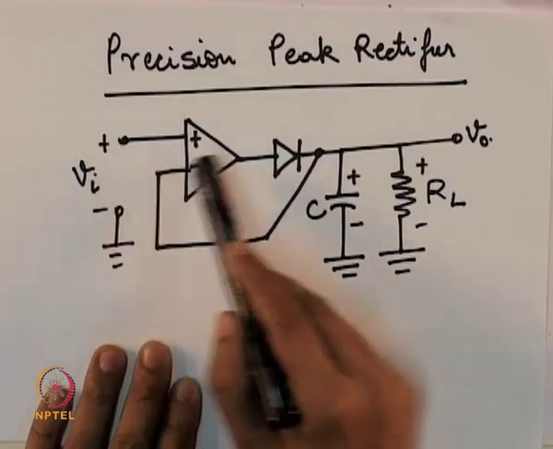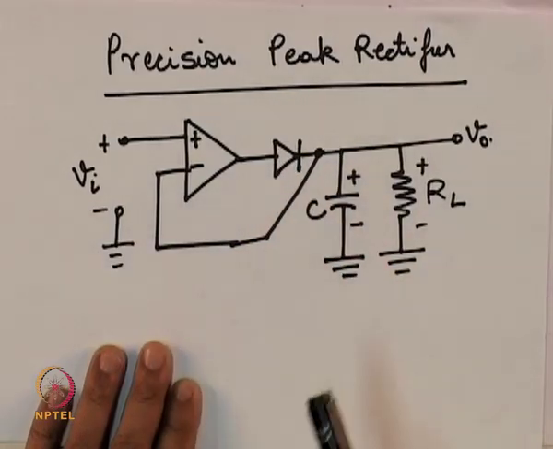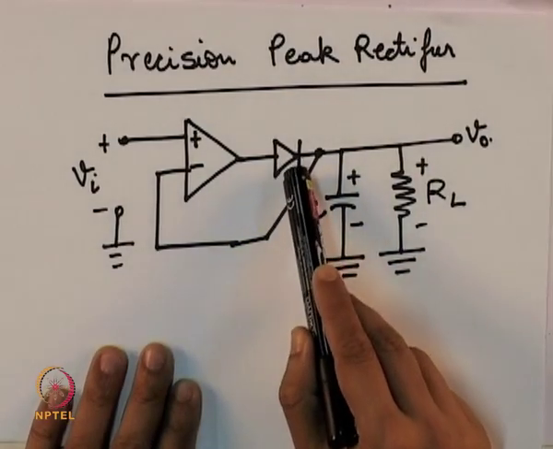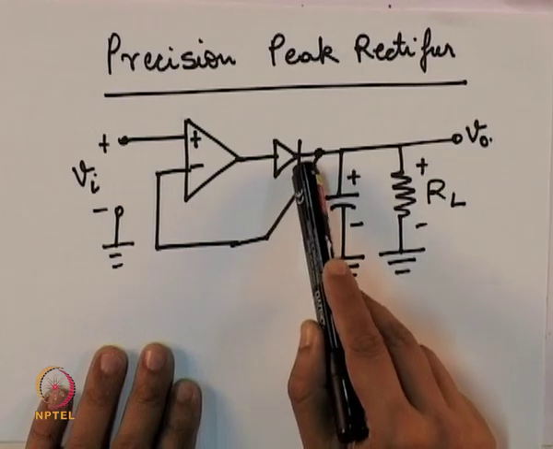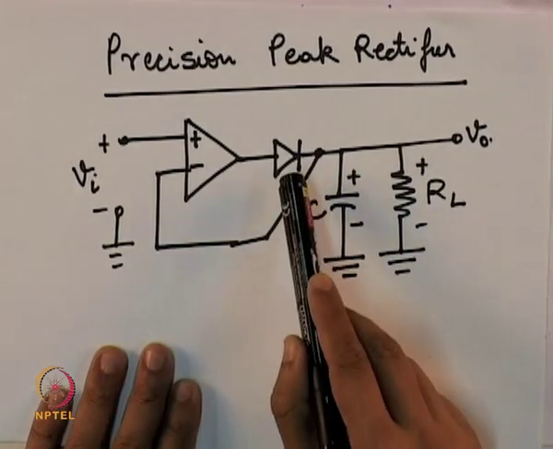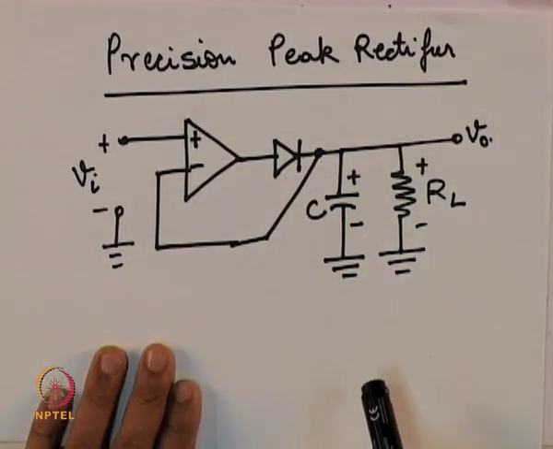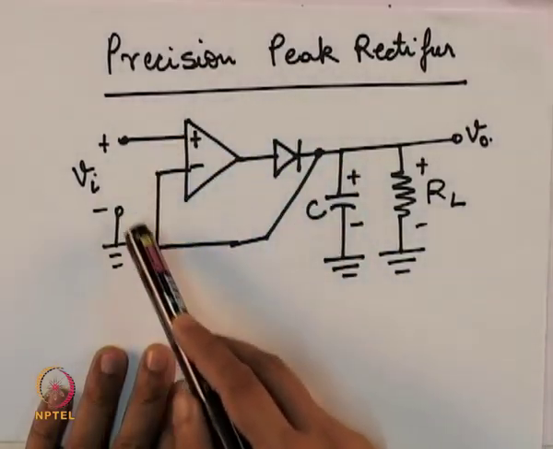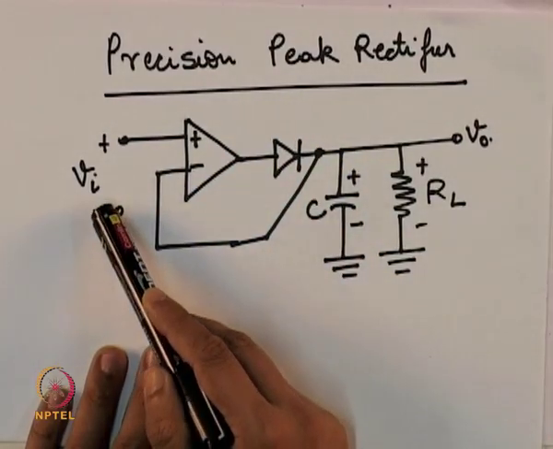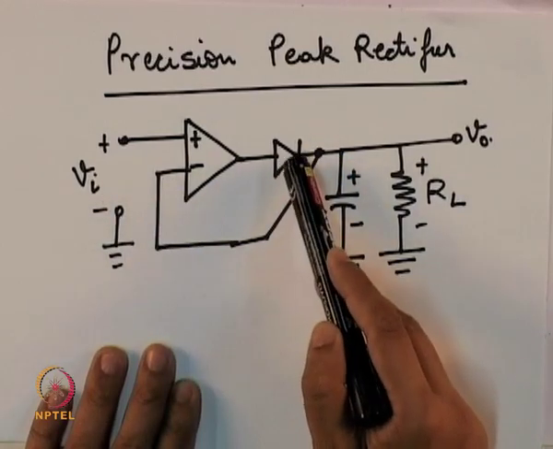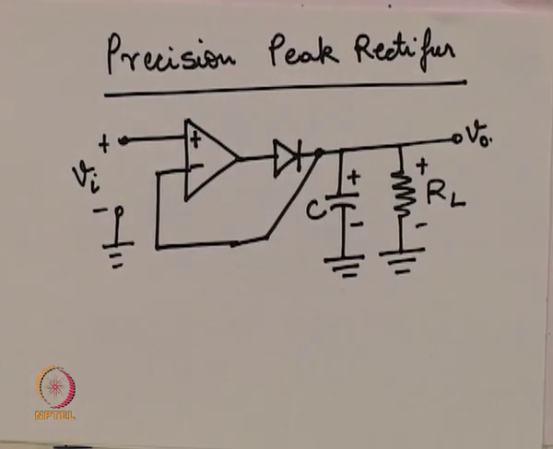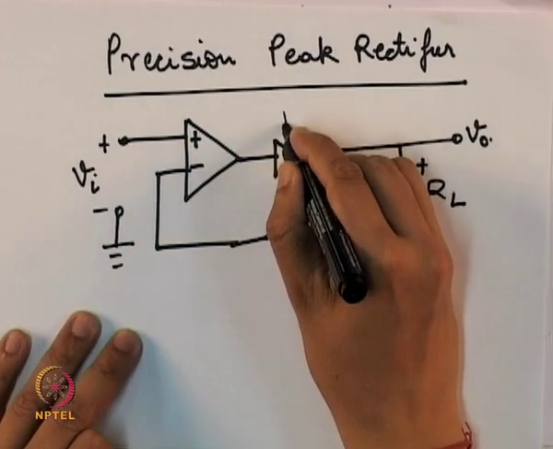Whenever Vi is positive, this diode will always be in forward bias mode even for small values of Vi, that is, when Vi is lesser than the threshold voltage of this diode, say I call this D1.